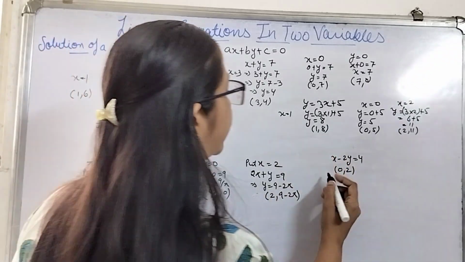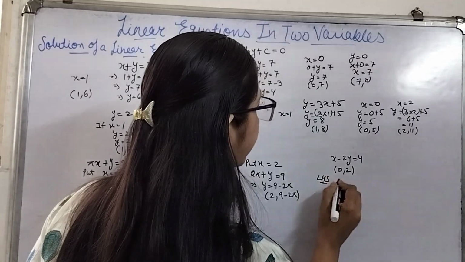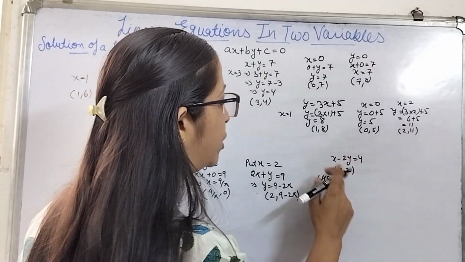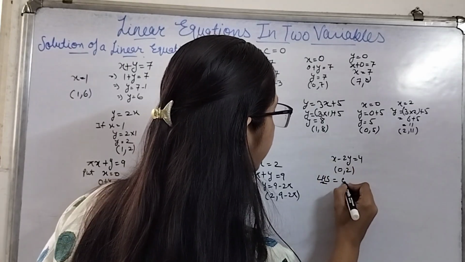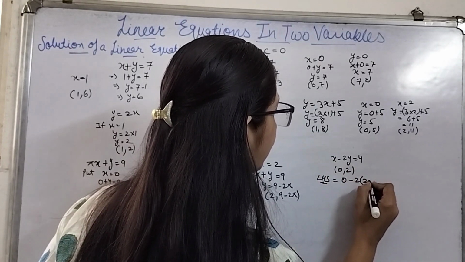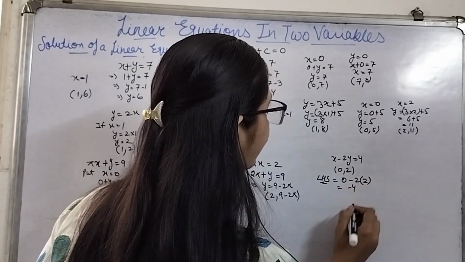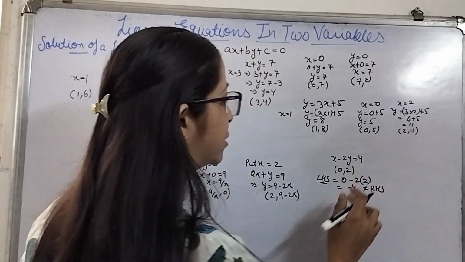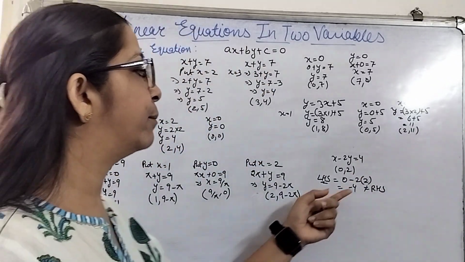Taking the LHS, we replace x by 0 and y by 2, so this becomes 0 minus 4, which is minus 4. But it is not equal to the RHS. The RHS is 4, but our value is minus 4.